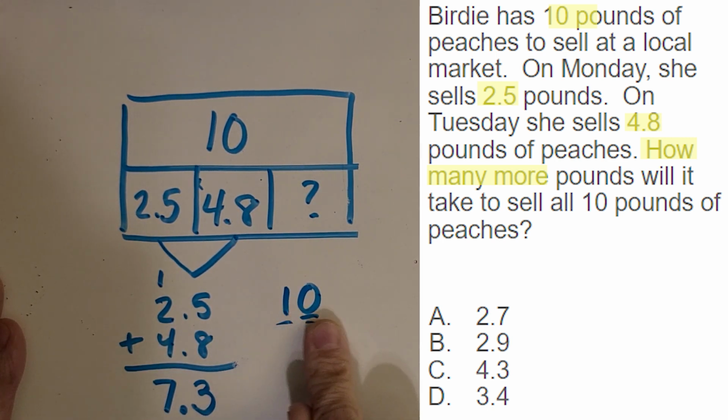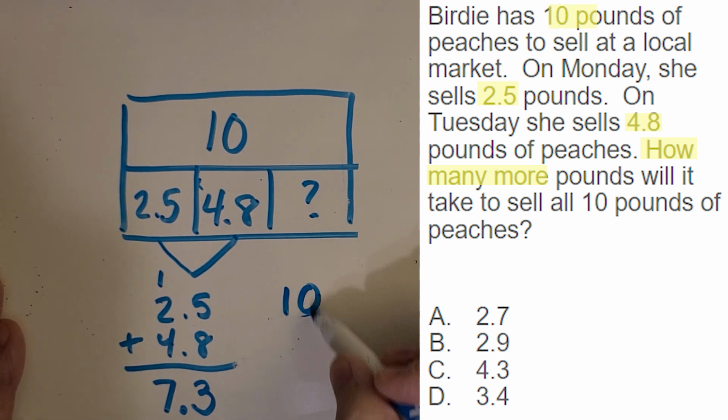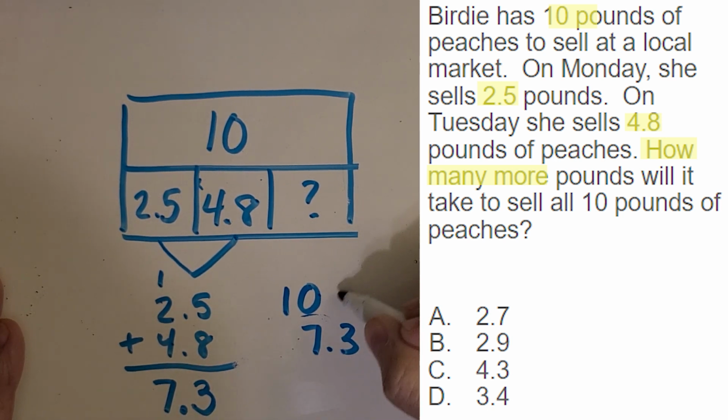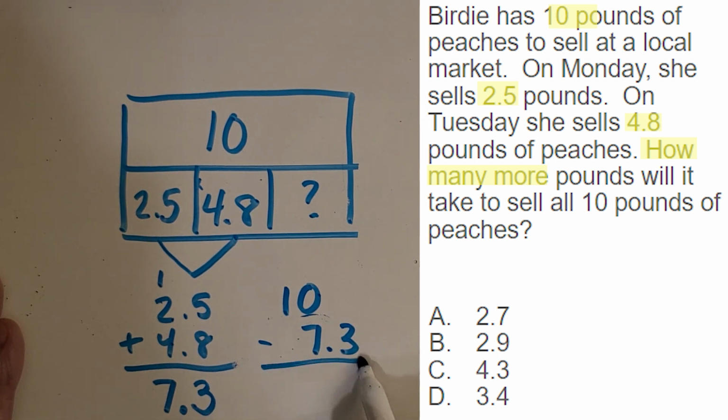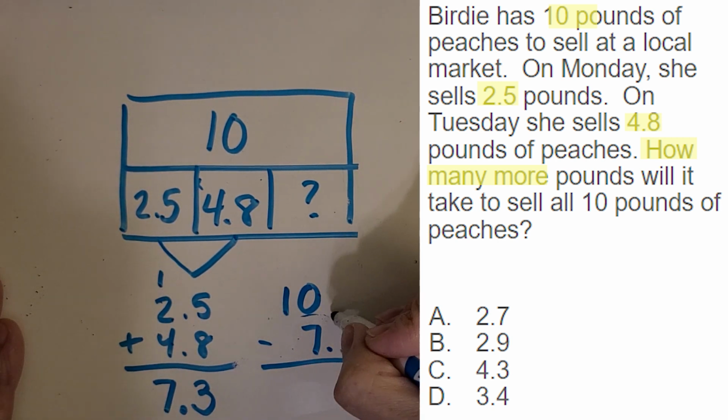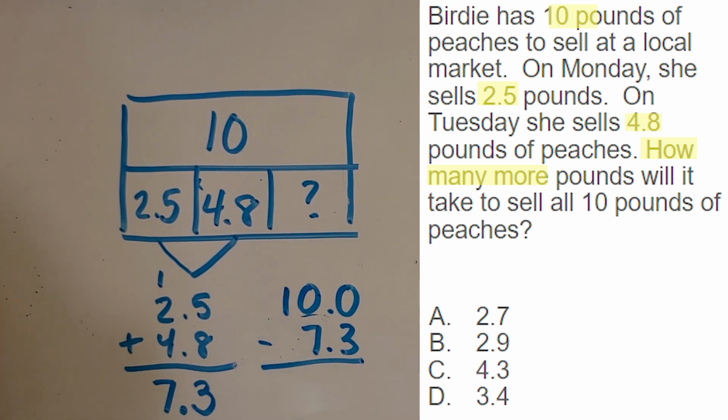We don't want to mix up the place value here. So we're going to need to move this over, the 7 here, 0.3. Now, what do we do here, though? Because this looks a little strange. Okay, you got it. I can put a 0.0 on the end of 10. Is it still 10? Yes, it is.